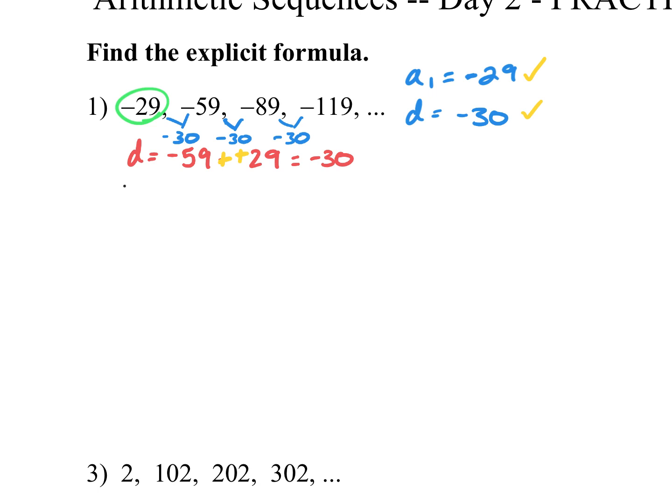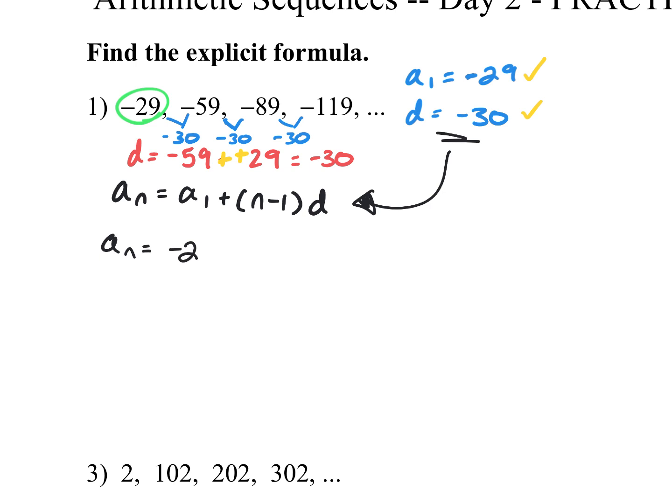So just a refresher. Remember, it's A sub n is equal to A1 plus n minus 1 times D. Well, all I got to do now is take those two things and plug them in. A sub n. Instead of A sub 1, I'm going to plug in a negative 29 plus n minus 1, D is negative 30. Now notice, because it was a negative, I went ahead and put it in parentheses.